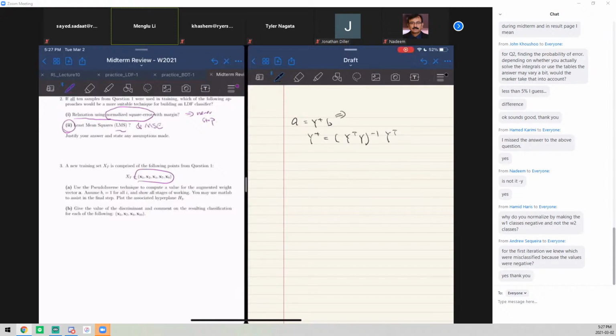It has 5 points, so the vector b will have 5 values, all 1. Show all the stages of working. Because it's a practice question, you can use MATLAB.